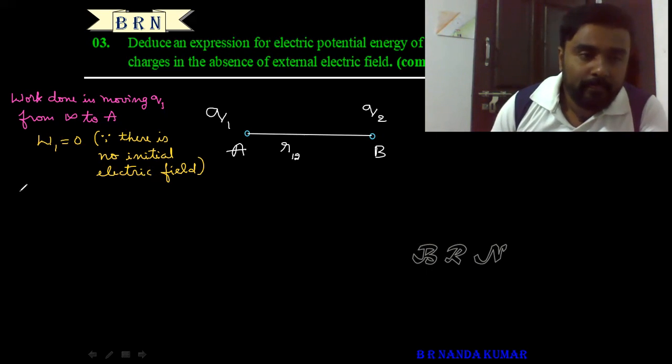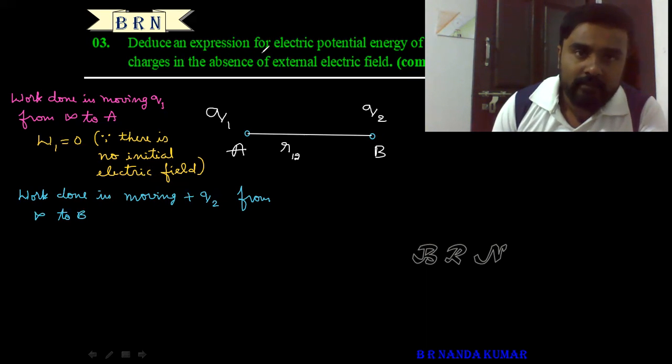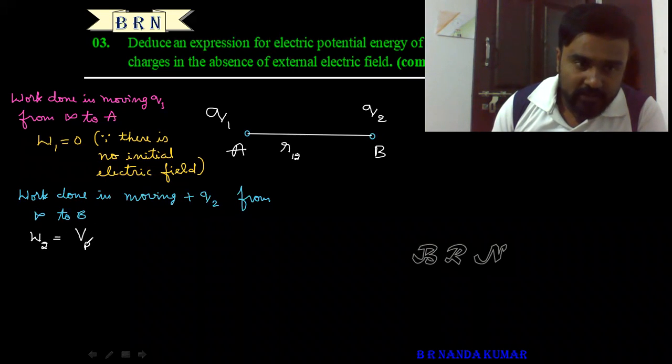So work done in moving plus Q2 charge from infinity to point B, that is W2, is equal to the electric potential at point B due to Q1 charge, that is VB1, into the moving charge Q2. VB1 means electric potential at point B due to Q1 charge.